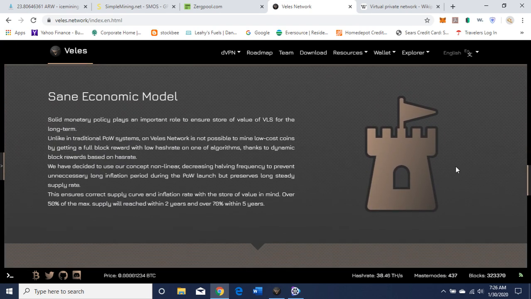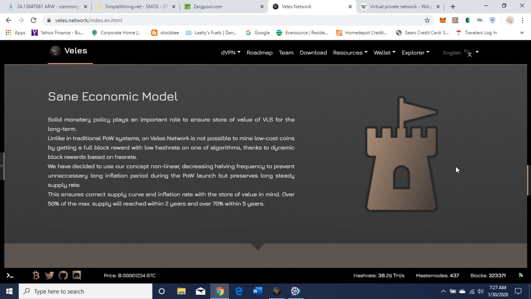They use a sane economic model. Solid monetary policy plays an important role to ensure stored value of VLS for the long term. Unlike in traditional proof-of-work systems, on the Veles network it is not possible to mine low-cost coins by getting a full block reward with low hash rate on one of the algorithms, thanks to dynamic block rewards based on hash rate.